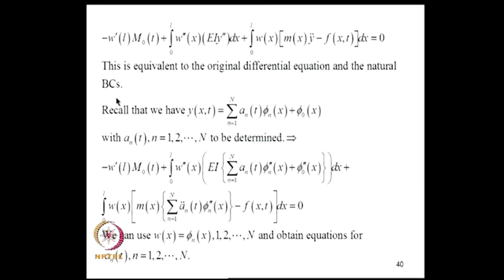Now, what we did was we started with this assumed solution. So, what we will do now is here a n of t needs to be determined. So, now I will substitute this into the weak form, I get this, and I will now use, in one way of proceeding further, w of x to be equal to the trial functions themselves, and we obtain a set of n equations for a n of t, and we can proceed further with the analysis.